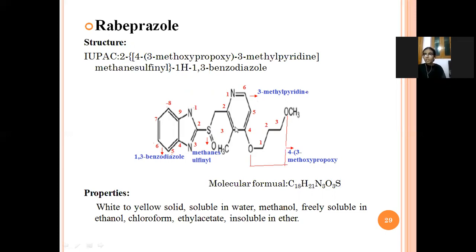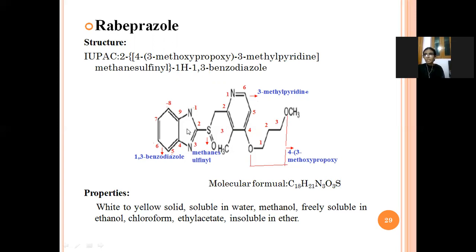So for the pyridine, in the third position, methyl group, and here in the fourth position, 1, 2, 3. 3 carbon atoms means propane. So here oxygen. So name is propoxy, and here methoxy group is here. For the propoxy in the third position, the methoxy group is attached. So it is named as 3-methoxy and propoxy.